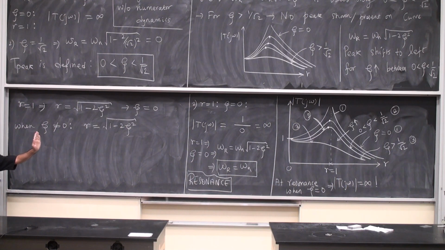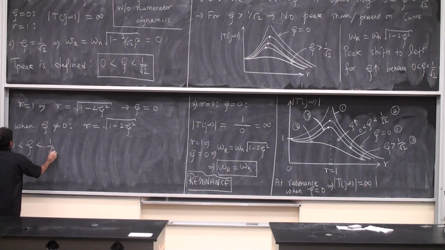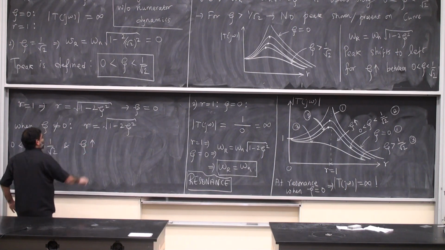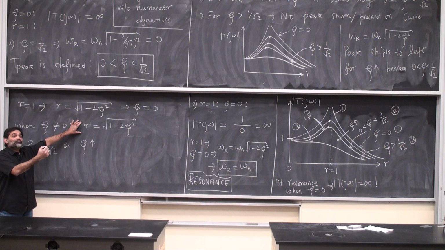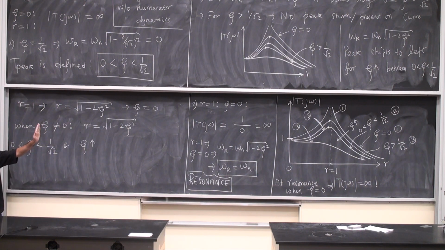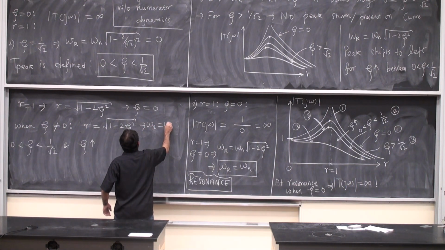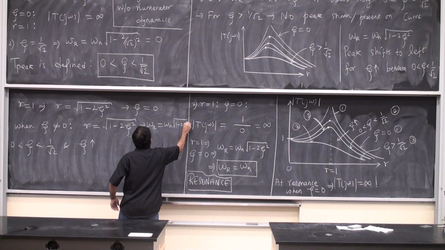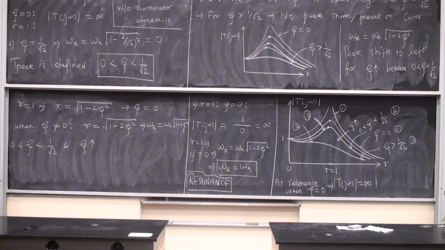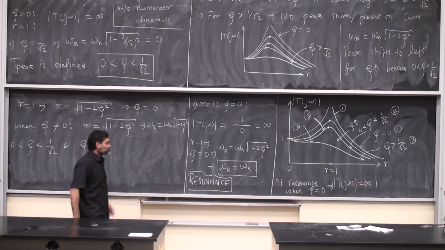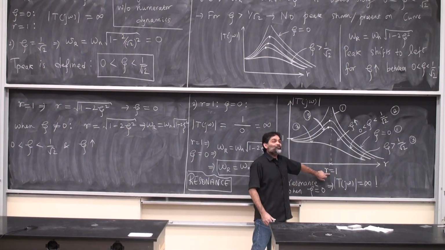You see the value of r as zeta increases. What happens to the value of r? The value of r keeps getting smaller. And that's what I mean by saying that the peak is shifting to the left. Okay, that's a good point. So this is the situation, and this essentially tells you that omega r is omega n times square root of 1 minus 2 zeta square. So omega r keeps shifting to the left. This is defined only when zeta is equal to 0.